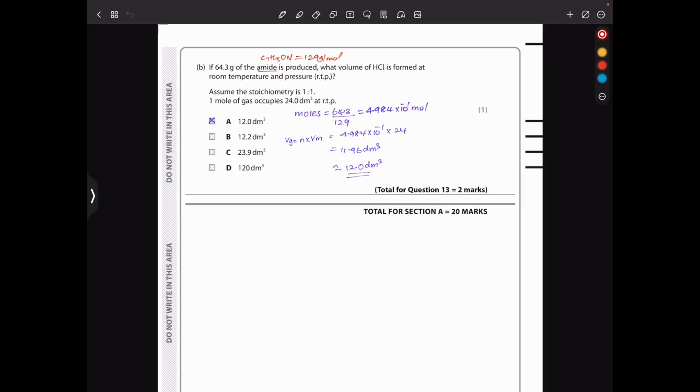So the moles should be the mass given divided by 129, giving us that. And this means these are going to be the moles of HCl as well. So the volume of gas should be this number of moles times the molar gas volume, giving us 11.96, which is approximately 12 dm³. And so A is the answer.